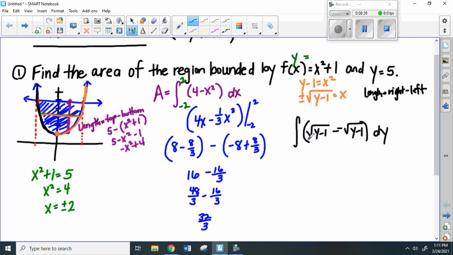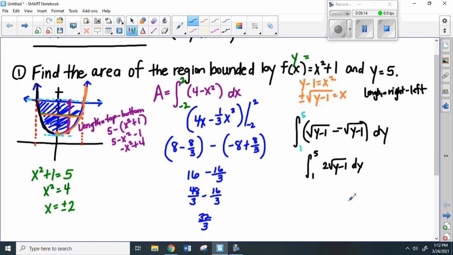And because I've changed my variables to y, I need my bounds to be y values, which means I need to come back over here to my region and find the lowest y value and the highest y value, which is going to be 1 and 5. And if you take the time to do a little bit of simplifying, square root plus square root gives you 2 square root. There's the function you're going to integrate.